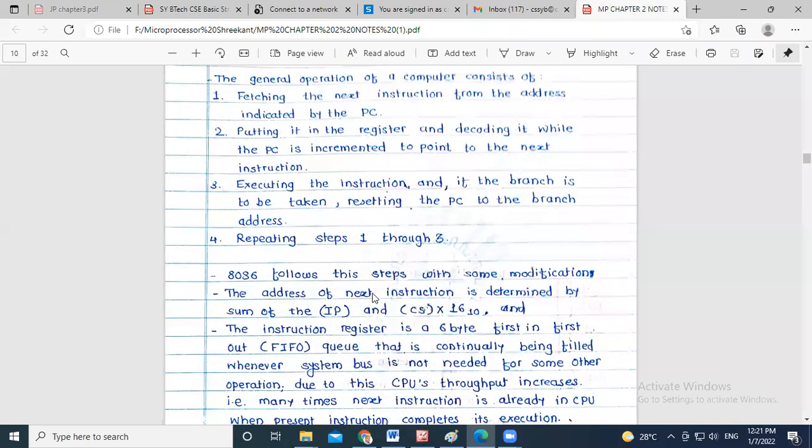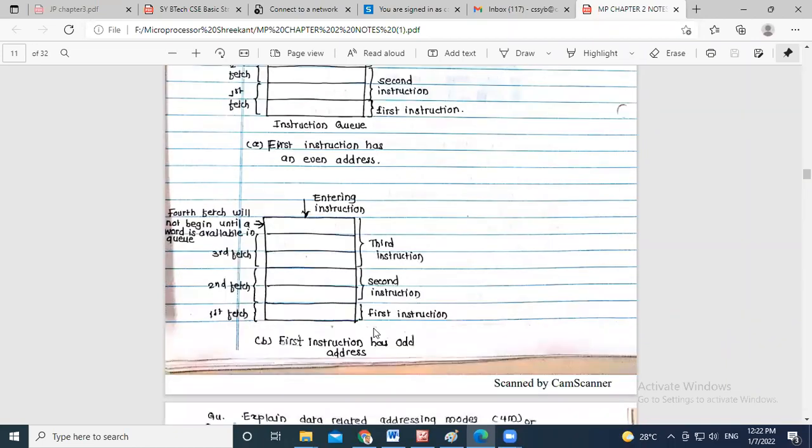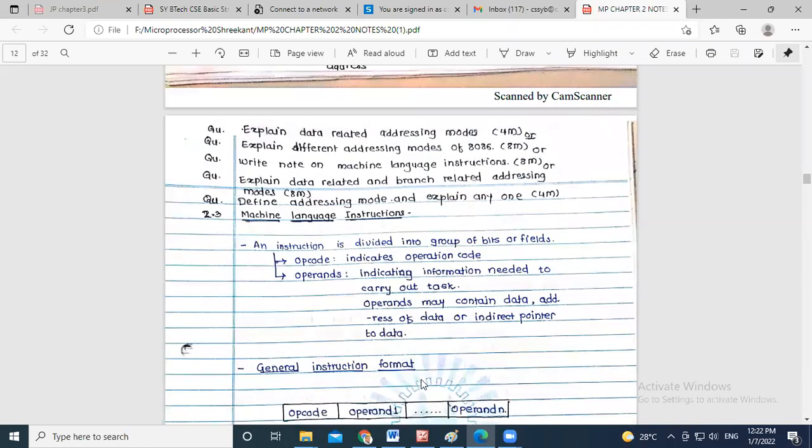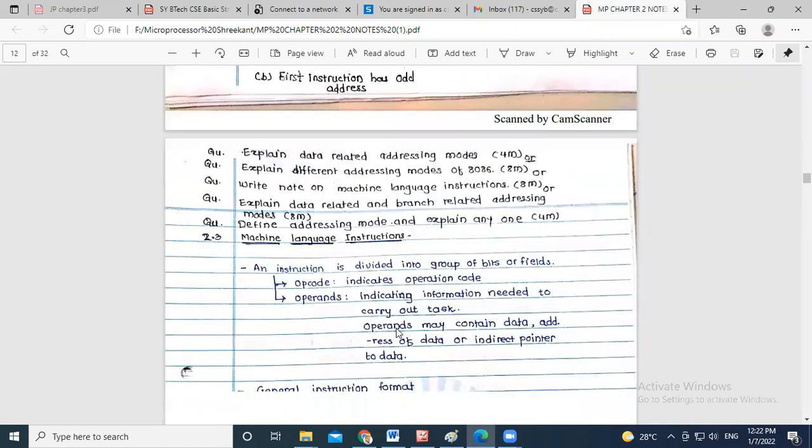And internal operations also we studied, the architecture of internal operations. In that there are 3 fetches: first fetch, second fetch, third fetch, for the first instruction, second instruction, third instruction, of even and odd addresses. Okay. So today we are going to start with machine level instructions.